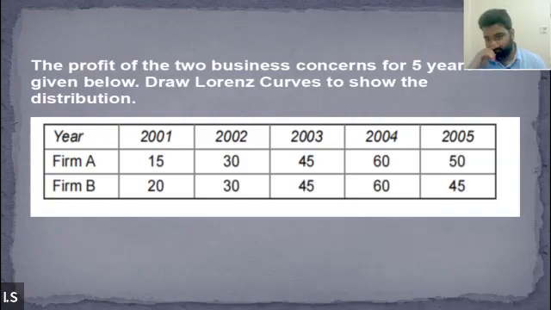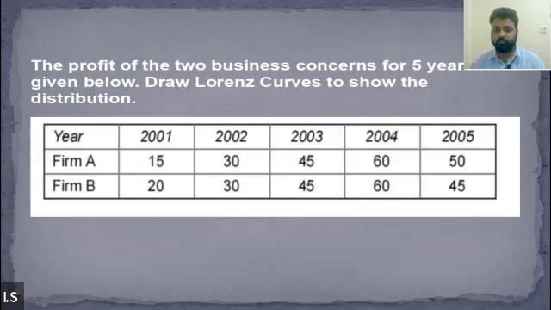So this is the question, Alexander, and in this question we have the data of two firms, firm A and firm B, and the data gives you the information about the profit generated by firm A and firm B in different years. So we have given you the data of 5 years.